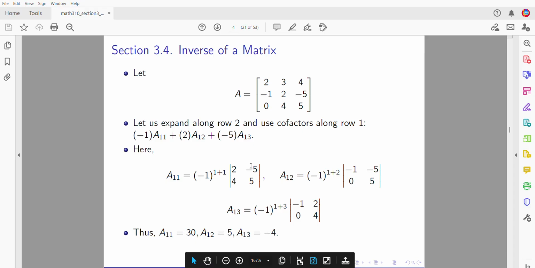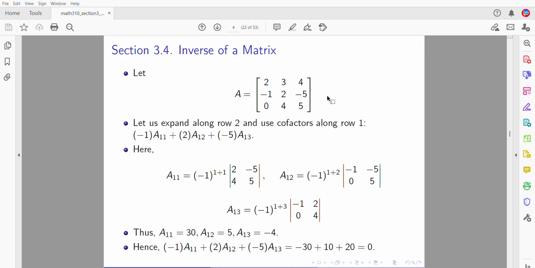So substitute these values here. What do you get? -30 plus 10 plus 20. So it's a 0. We used expansion along row 2, but cofactors along row 1. So if you do not synchronize, you will always get 0. So that's not good.